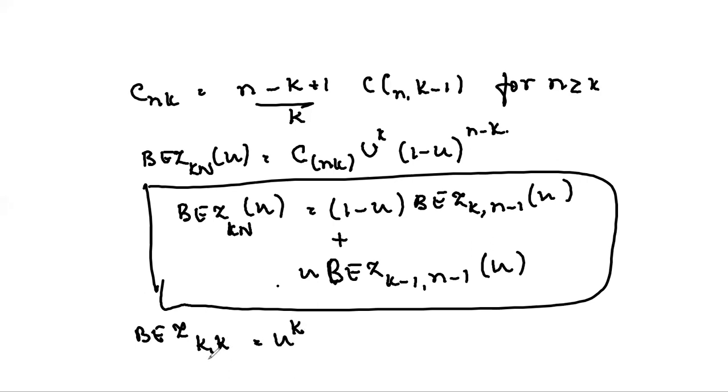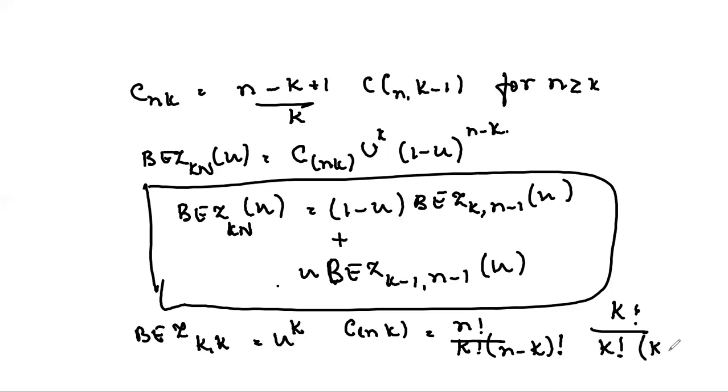That is, if we substitute this value in this equation, first let us calculate C of n,k, which is equal to n factorial divided by k factorial into (n minus k) factorial. So what is the value of n and k here? Bez k,k is nothing but n and k both equal to k for us. So this becomes k factorial divided by k factorial into (k minus k) whole factorial, which is equal to 1.